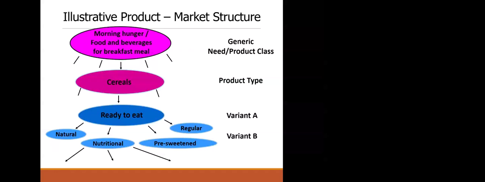Now, layered on top of this concept, each one of these spaces here that we're looking at has a specific group of consumers that's well defined, that has specific demographics, specific behavioral patterns, specific psychographics. They're their own market segments.